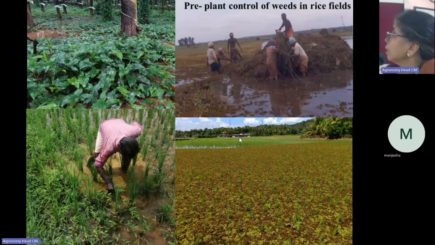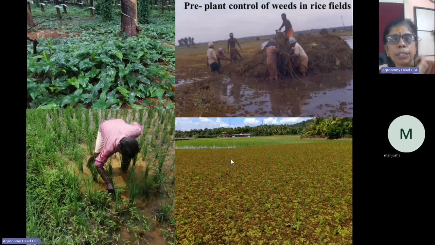After the transplantation it again gets plenty of space to multiply, and it physically hinders the rice growth. Tillering is affected, and you can see how the crop stand is, and no other weed will come up because it will smother the entire area.